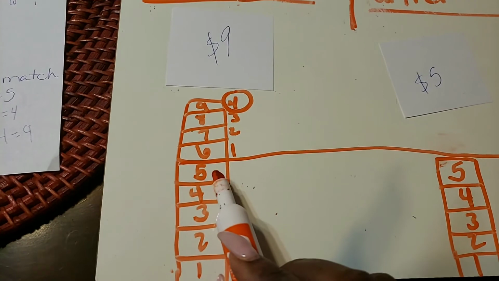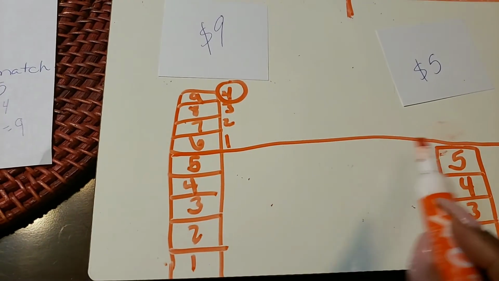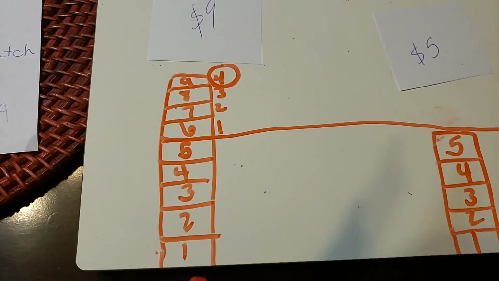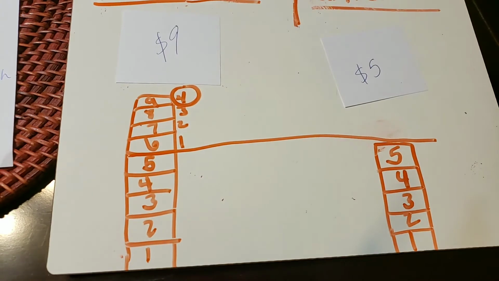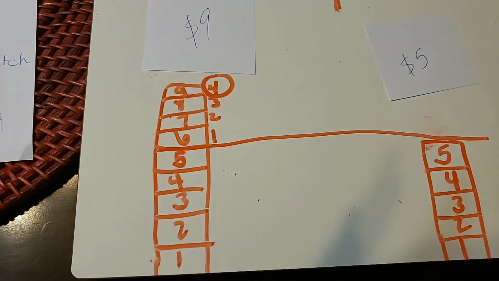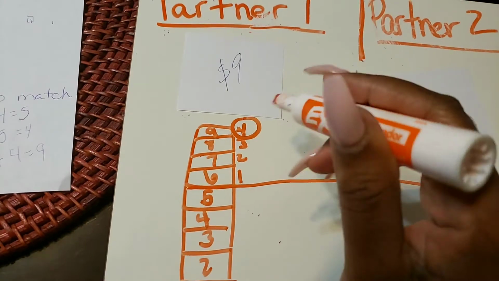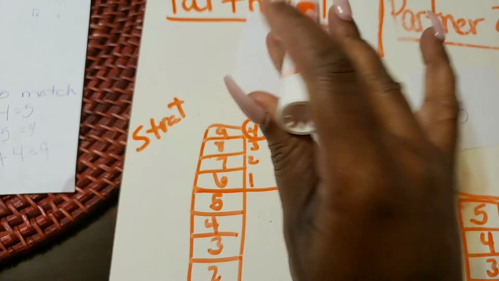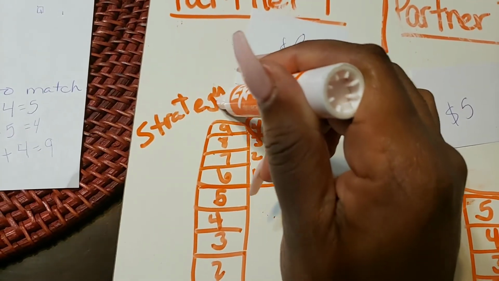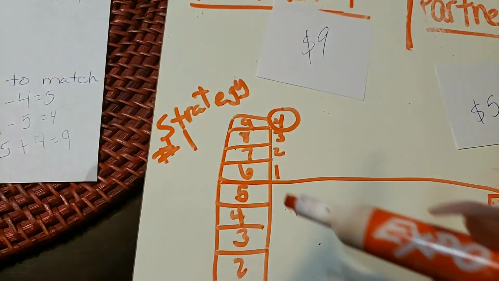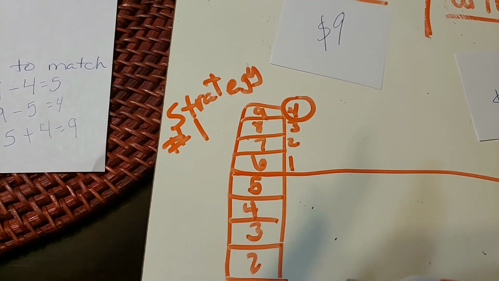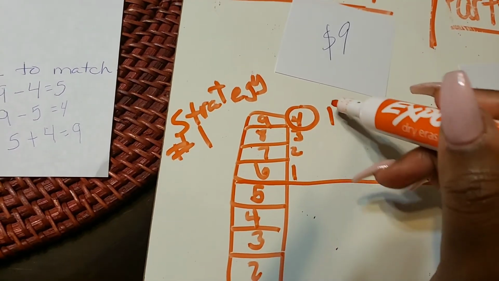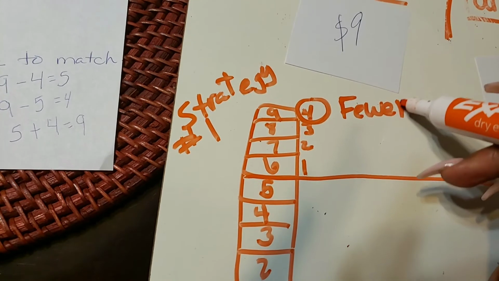Or we could take away the amount that's the same. We have 5 right here, we have 5 right here, so we can take away 5. Now, when we are drawing a number sentence for this strategy, let's say strategy number 1, we need to be figuring out that this one has 4 fewer.